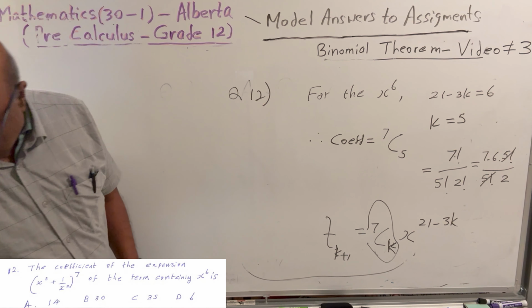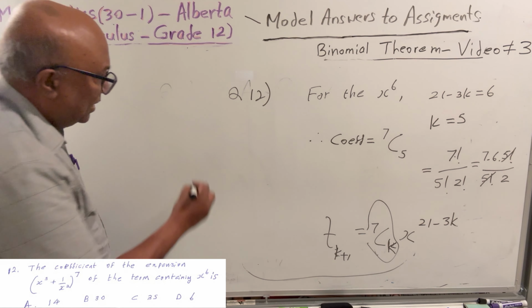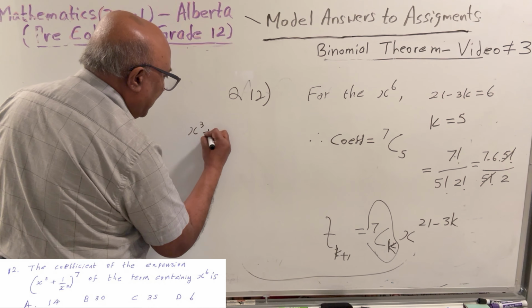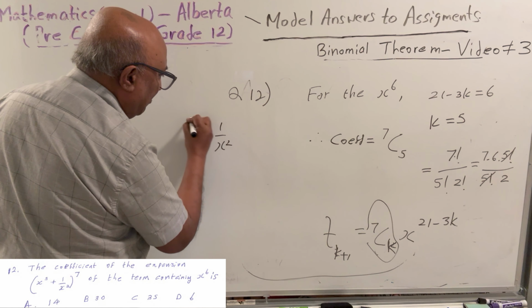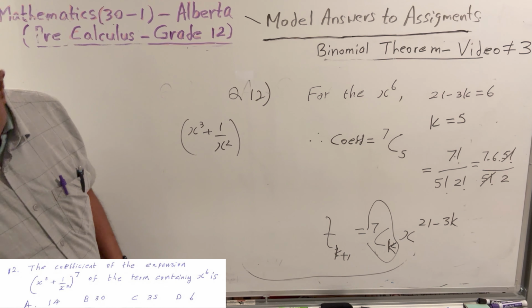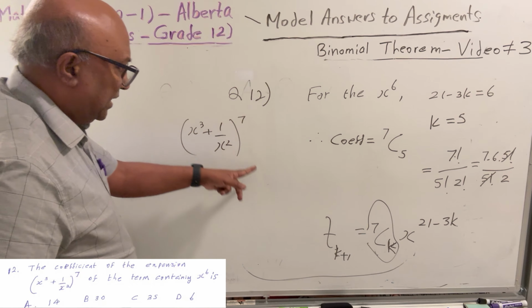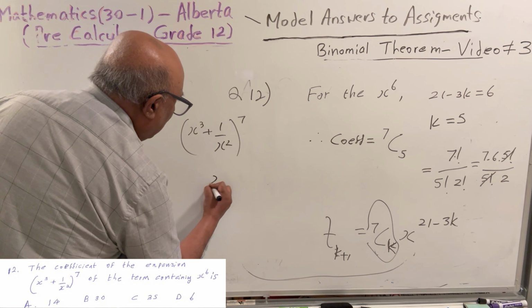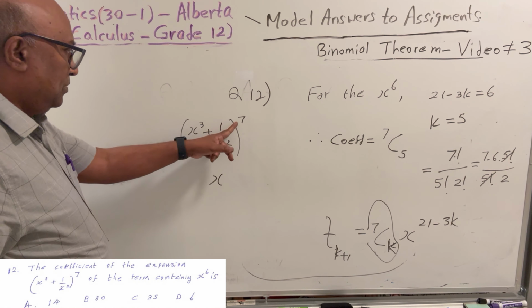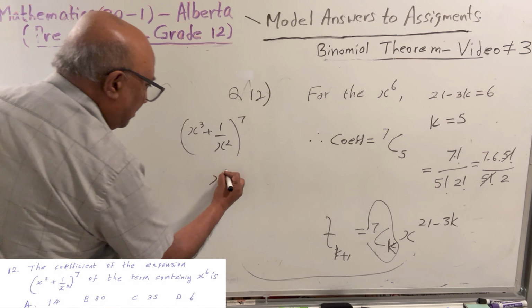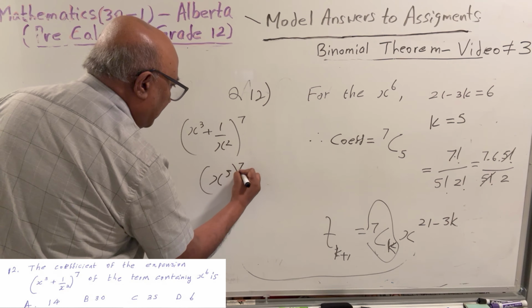Let's check this expression again: (x^3 + 1/x^2)^7. My general expression is 7Ck x to the power of 3(7 minus k).